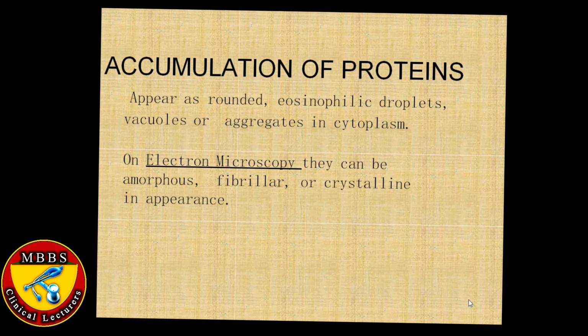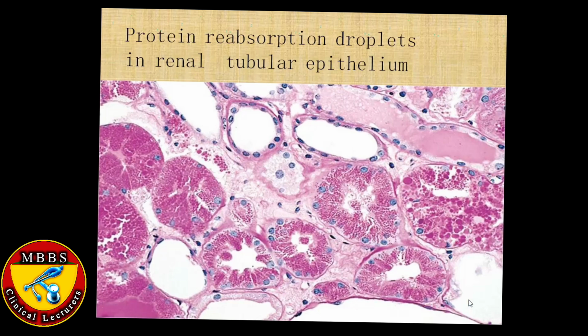Accumulation of protein appears as round eosinophilic droplets, vacuoles, or aggregates in the cytoplasm. On electron microscopy, they can be amorphous, fibrillar, or crystalline in appearance. This is the diagram where protein reabsorption droplets in the renal tubular epithelium are seen.